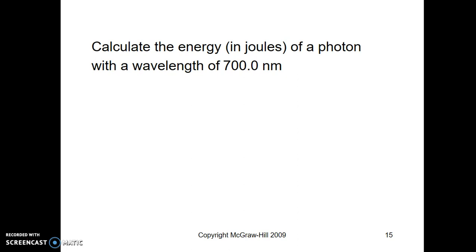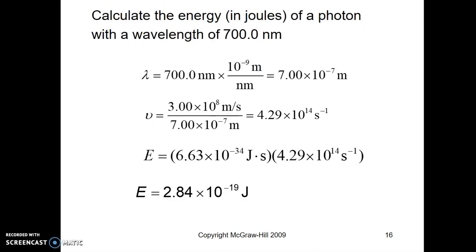Another thing that's important is our wavelength, 700 nanometers. We've got to convert 700 nanometers to meters. Just remember that conversion, 10 to the negative 9th meters is 1 nanometer. Your units will cancel, leaving you with 7 times 10 to the negative 7th meters.